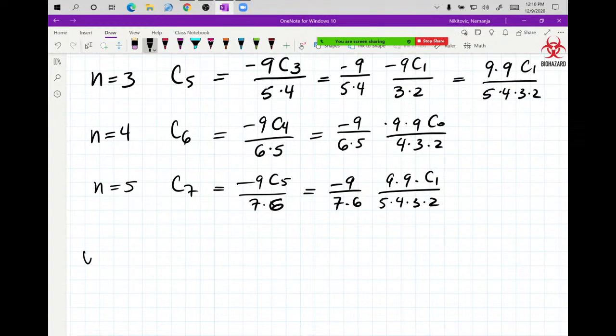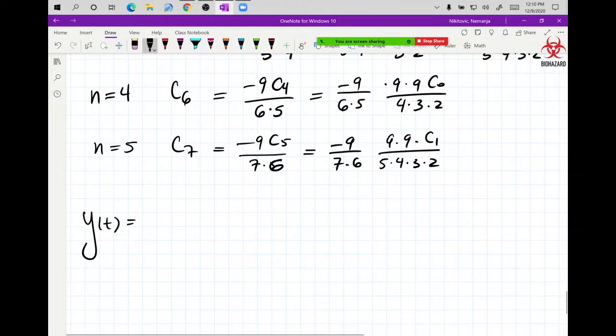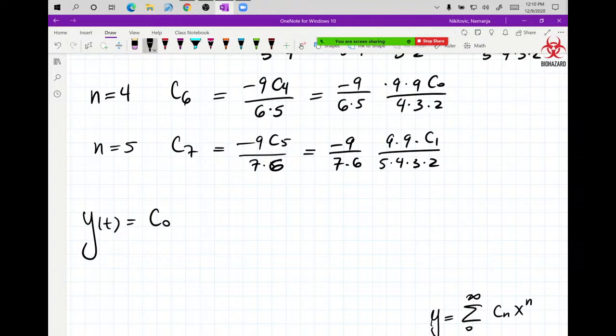So your solution of y of t is simply, remember your power series? It was summation 0 to infinity of Cn x to the n. So when you have a 0 across the board, it's just C0 times x to the 0.